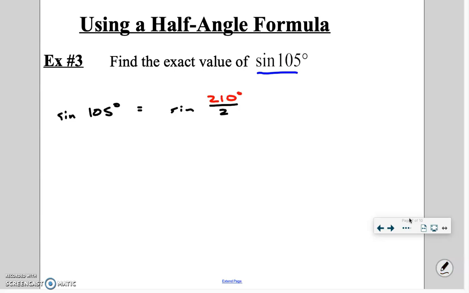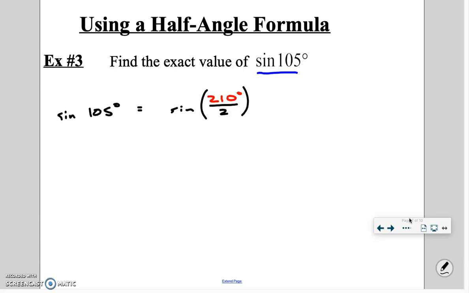Everything hinges on this: are these two things I've written up there equivalent? Is the sine of 105 going to be equal to the sine of 210 over 2? Yes, because 210 over 2 is 105 degrees. Now that we've drawn this back to a 210 degree angle, which is one of the 16 we know from the unit circle, now we can use our formula.